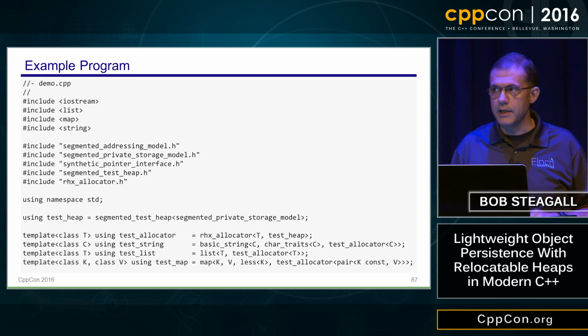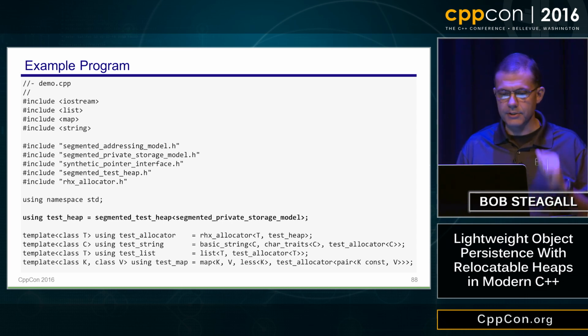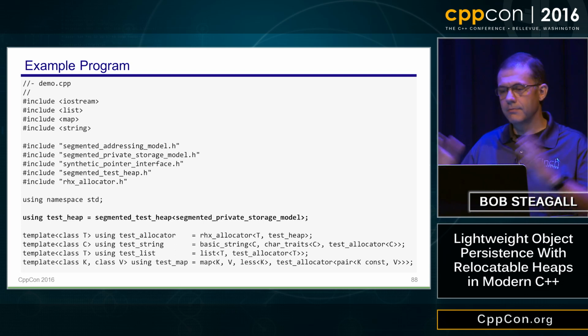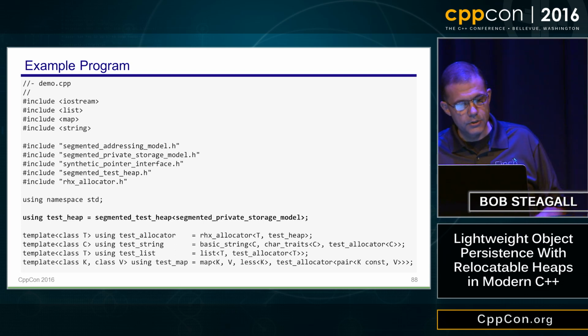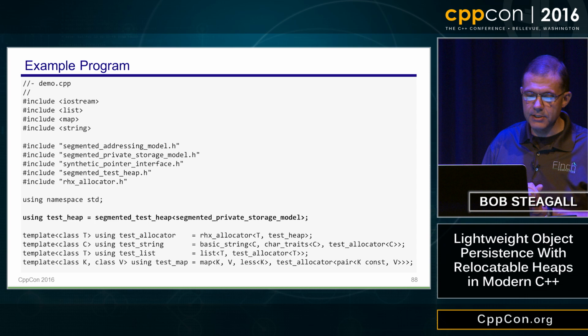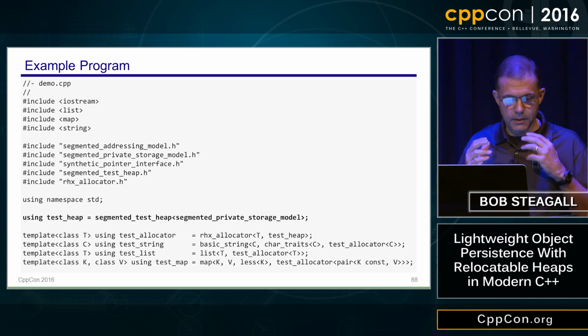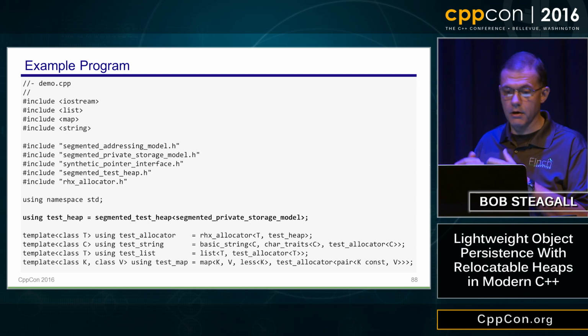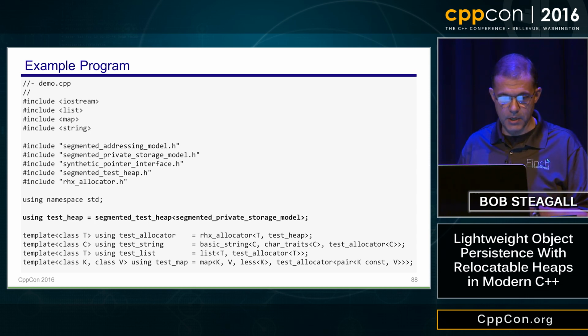And I'm going to start defining some type aliases to make things easier. The first is a typedef of our storage model, because these names can get very long. So I'm calling my test heap the instance of our segmented test heap template, which is parameterized in terms of our segmented private storage model.